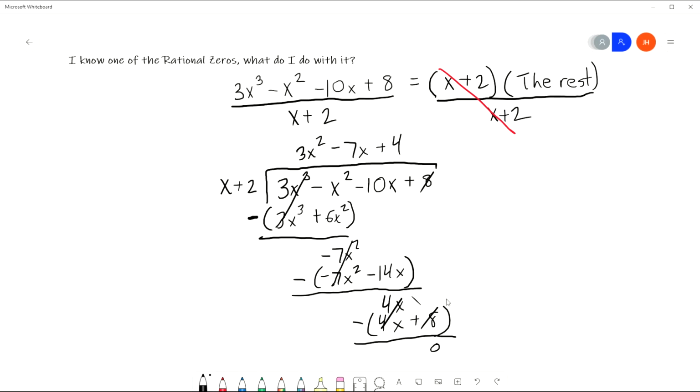What that means, guys, is that I have a remainder of 0, meaning that this was a perfect division. Therefore, what I've shown here, guys, is that the rest here is equal to 3x squared minus 7x plus 4.